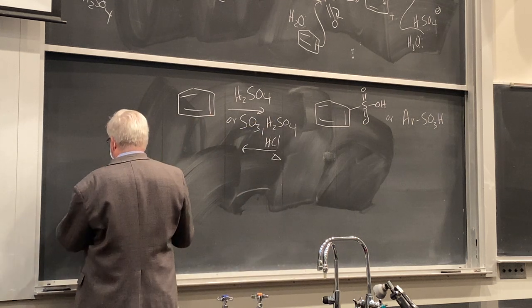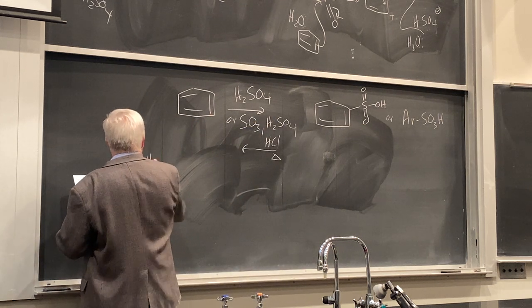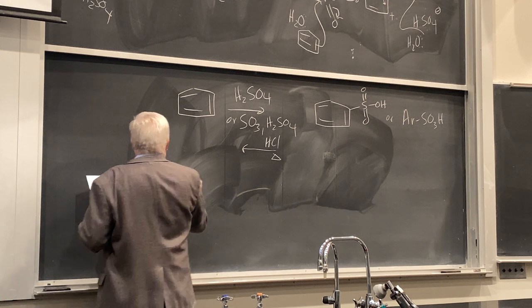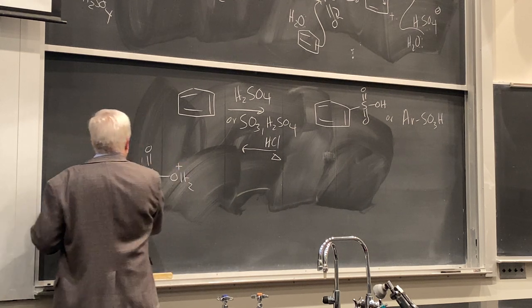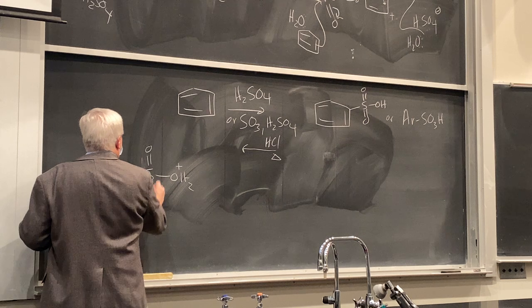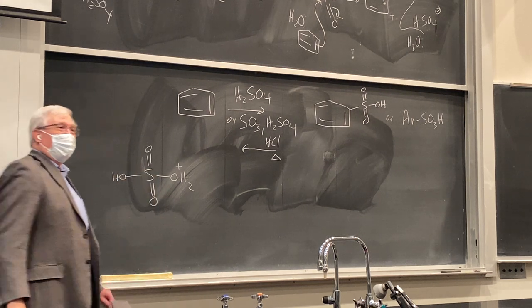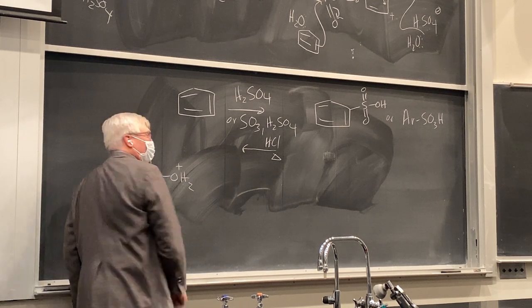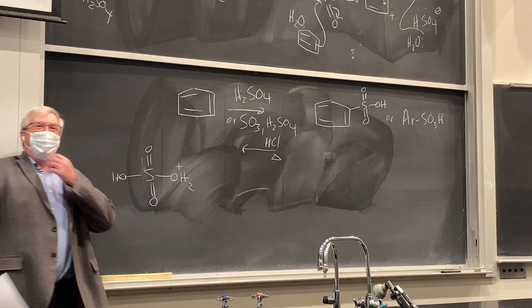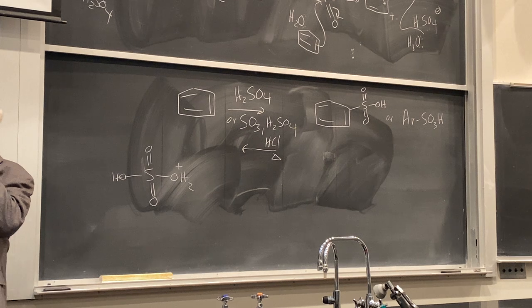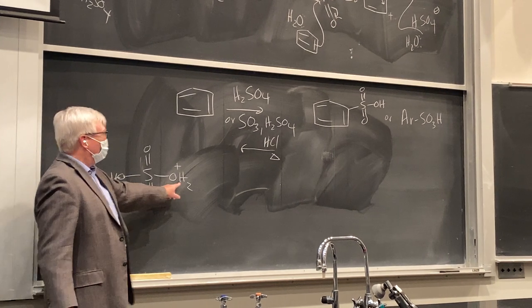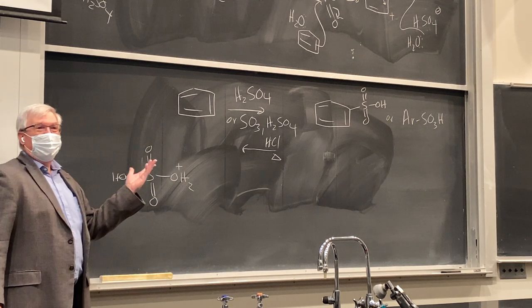Let's take sulfuric acid, and let's protonate it. So we'll kind of jump ahead in the mechanism. So we did an auto protonation, sulfuric acid with itself. And that's okay, you know, we're heating this thing up. We got pure sulfuric acid, so some of this is present all the time.